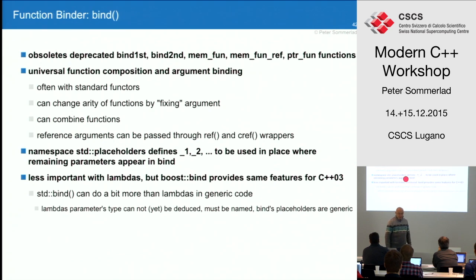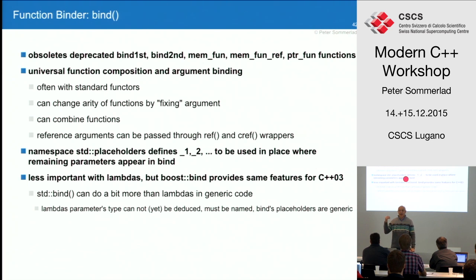Now, function binders. In C++03, there was a very crude version of function binders. And in C++14 with variadic lambdas, you almost no longer need them. But nevertheless, I explain them. What are function binders? Function binders take a function or a function object or a lambda or whatever and define or change their arity.